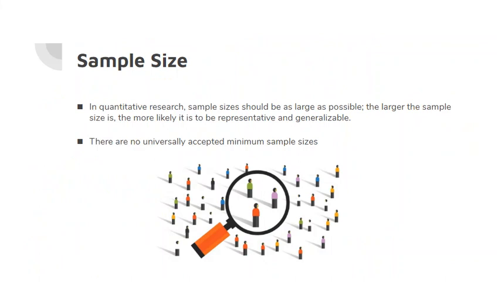Sample size is really important. When we talk about sample size, I just published a study last year with some Syrian refugees. The students of Syrian refugees, we had a sample size of 10, but it was qualitative research.